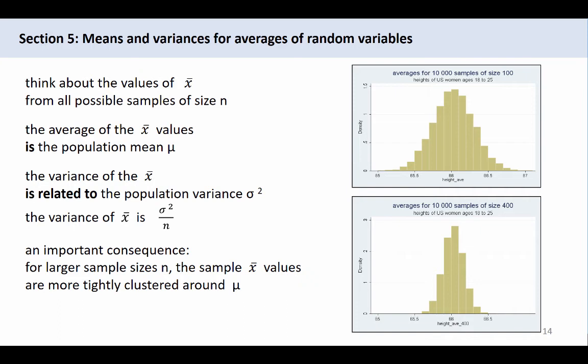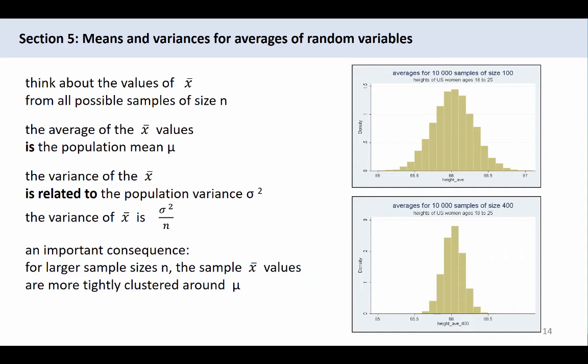The variance of the x bars is going to be sigma squared over n. And if you take a look at this formula, one important consequence that we're going to be using throughout this course is that for larger sample sizes n, the sample x bar values are going to cluster more tightly around the mean.